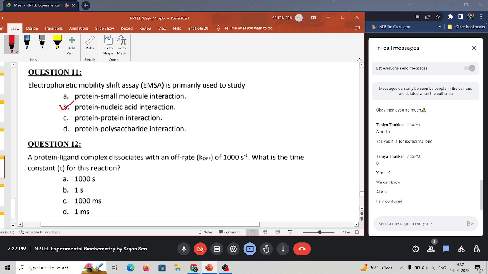You say that this concentration of small molecule has reacted, but when you're comparing the two lengths, it is not always possible. And for protein protein interaction, there are other techniques which you can use as well. Therefore, when we are speaking of EMSA, we are speaking of only protein nucleic acid interactions. Okay.